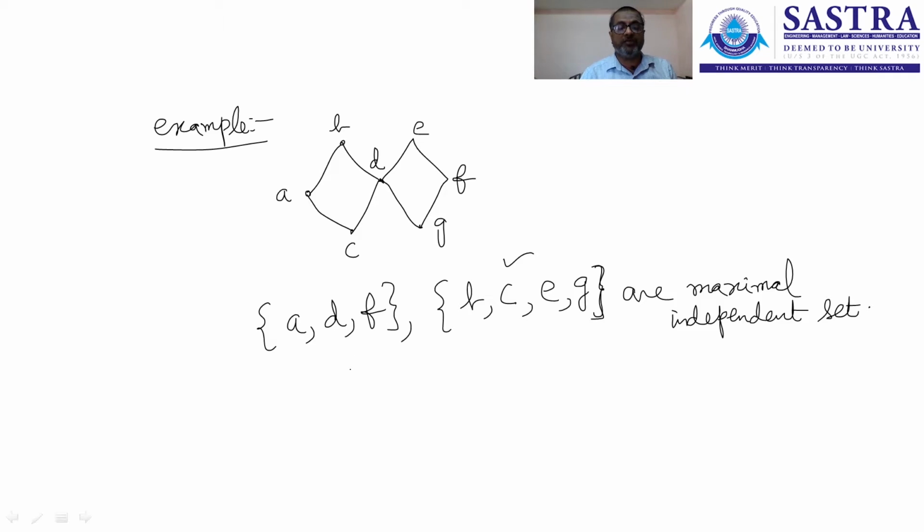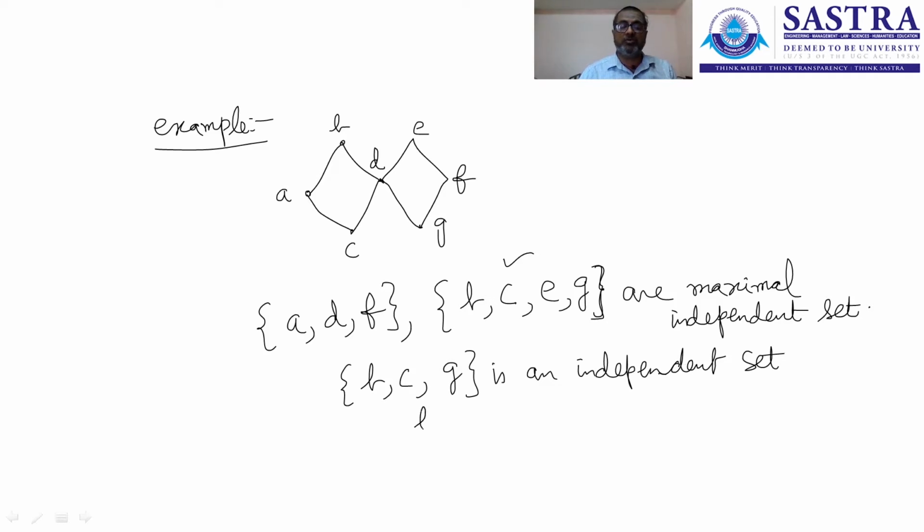For example, if I take the vertices B, C, G, this is an independent set, but not maximal. Why is it not maximal?